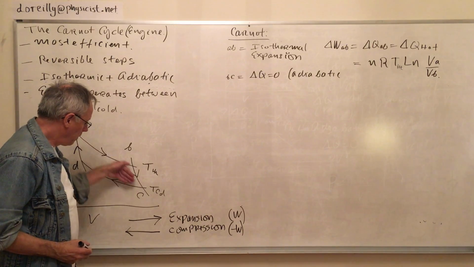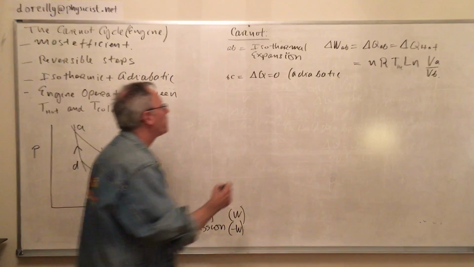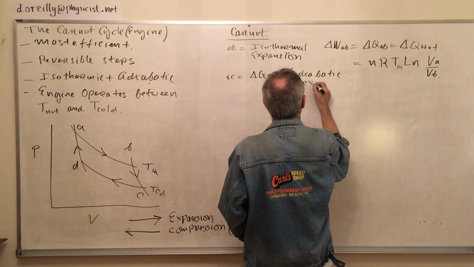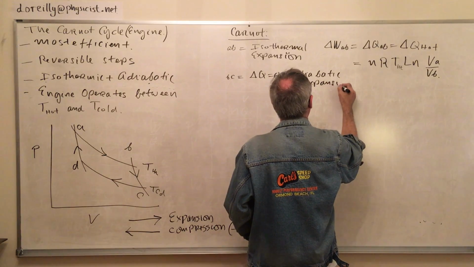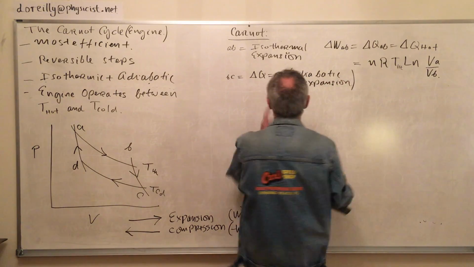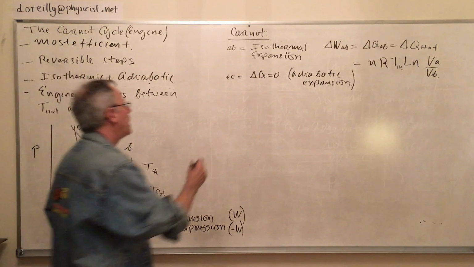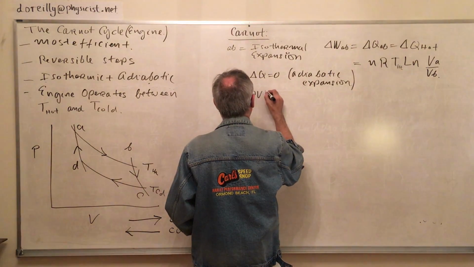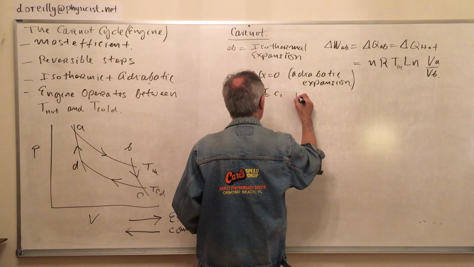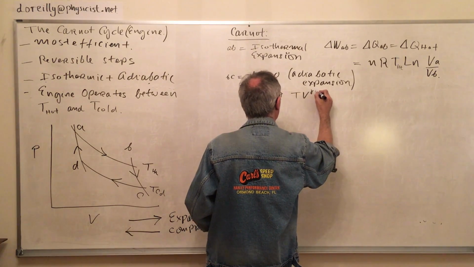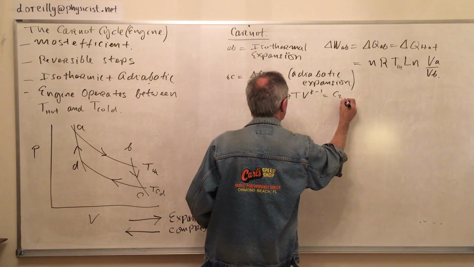Check. It's still going this way. But no heat enters or leaves the system. But we can say that P V to the power gamma is a constant, T V to the gamma minus 1 is another constant.